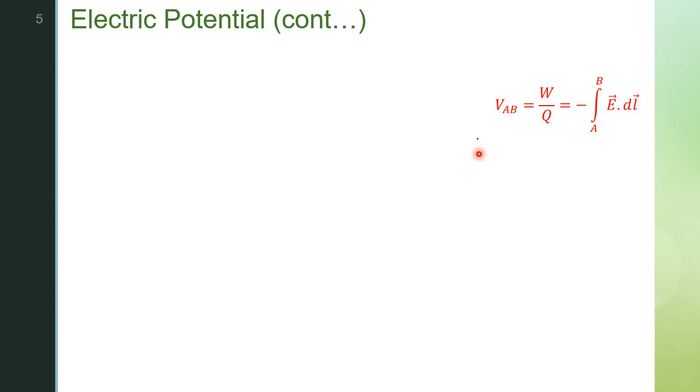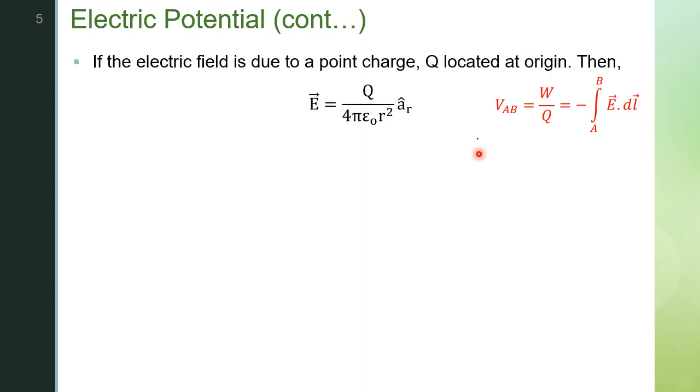So in Gauss law, we have derived the expression for a point charge Q. Electric field intensity is given by Q by 4 pi epsilon r square AR cap. Now, when you substitute this expression into the expression for potential difference, we will get VAB equal to minus integral RA to RB, where RA corresponds to the magnitude of position vector of point A and RB corresponds to the position vector of point B, Q by 4 pi epsilon r square, dot dr AR cap.